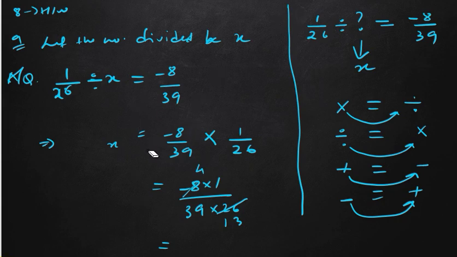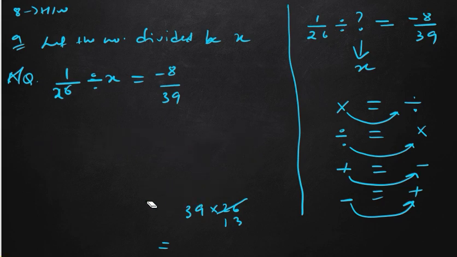For division, the question is the same: what number should be divided by 1 by 26 so that the answer is minus 8 by 39. It will form this. First we have to convert it into multiplication, then only we can change the side.